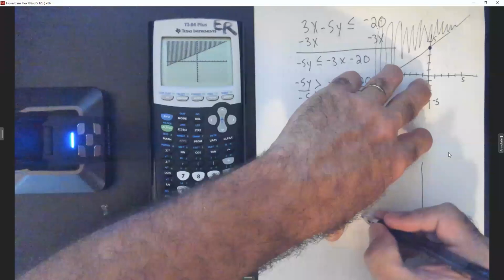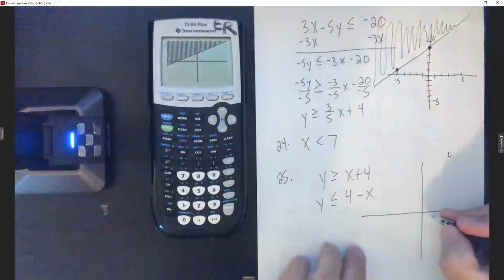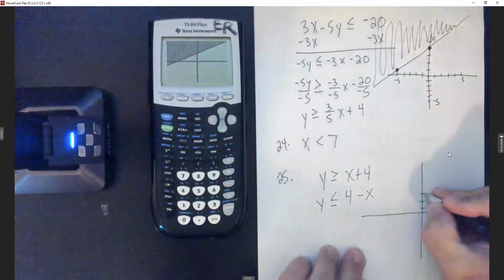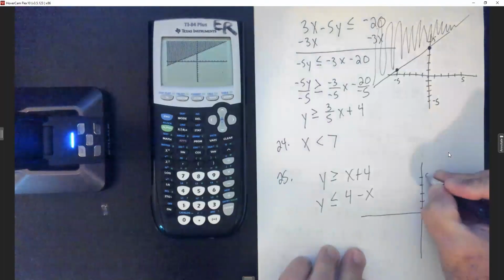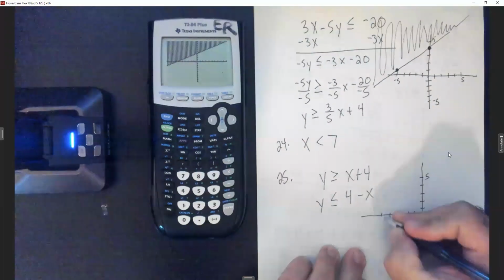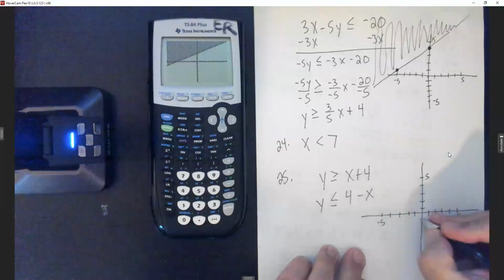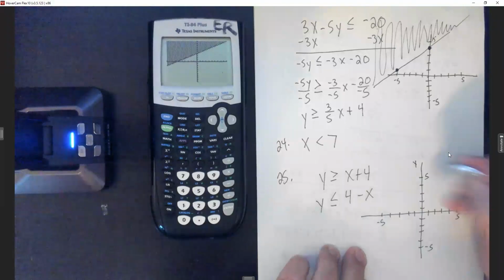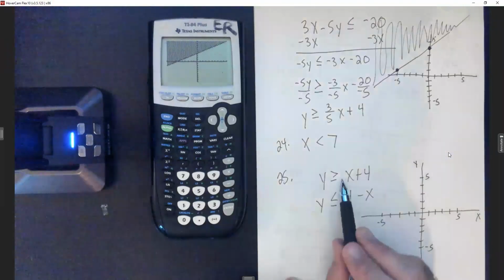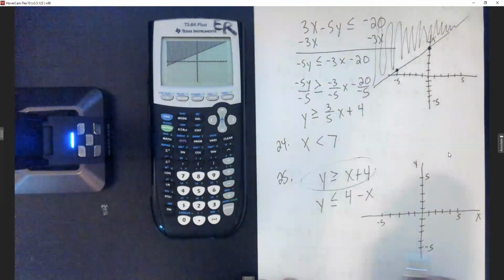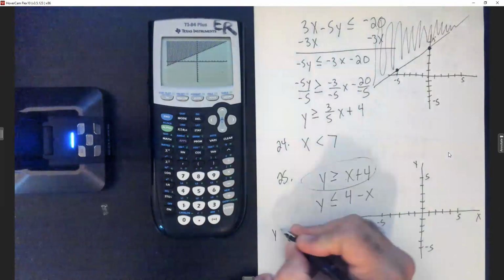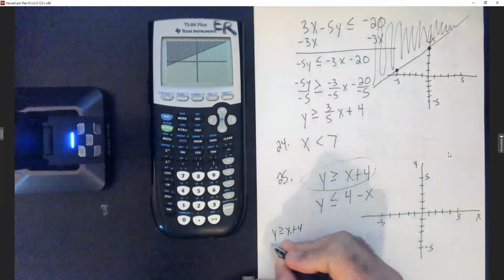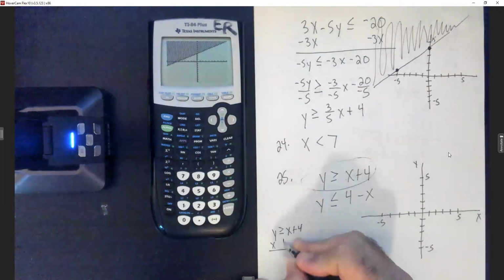So I'm going to go out about 5 again. So that's my x, and that's my y. So I'm going to plot the first one first and make that line, okay? So y is greater than or equal to x plus 4. So remember, for each line, I got to find some points.